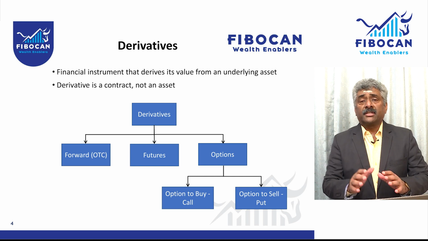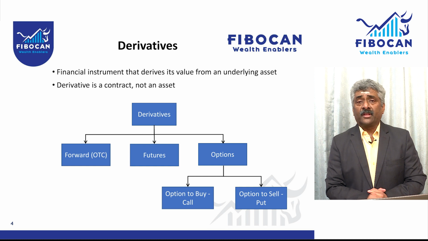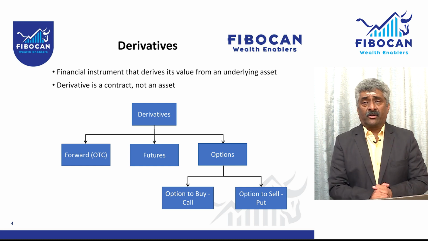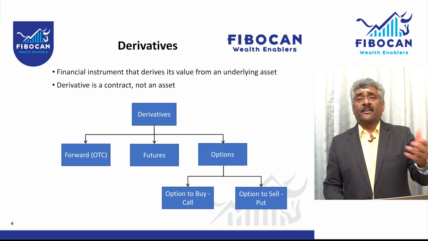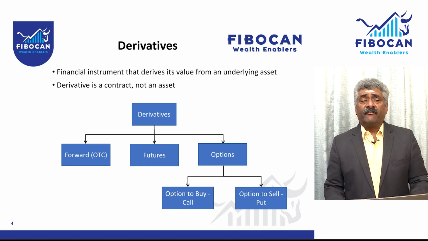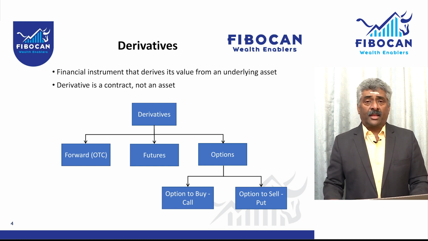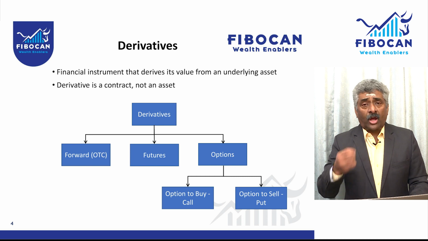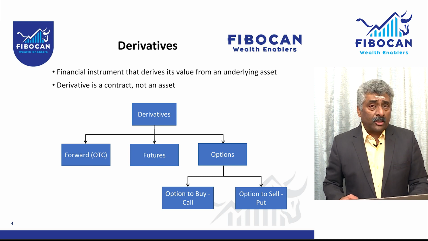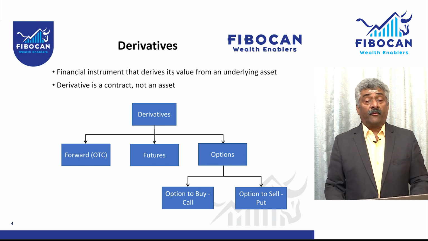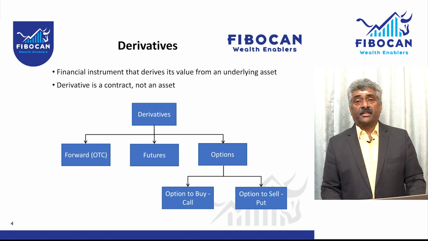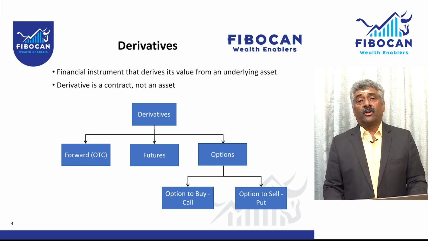Both have an obligation in a financial contract, as in any normal financial contract. An option is a financial contract where one party, as the name itself suggests, has an option but not the obligation, while the other party has the obligation. That is why it is called an option.